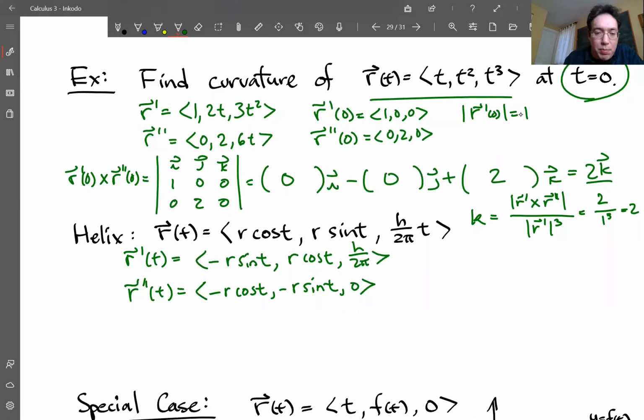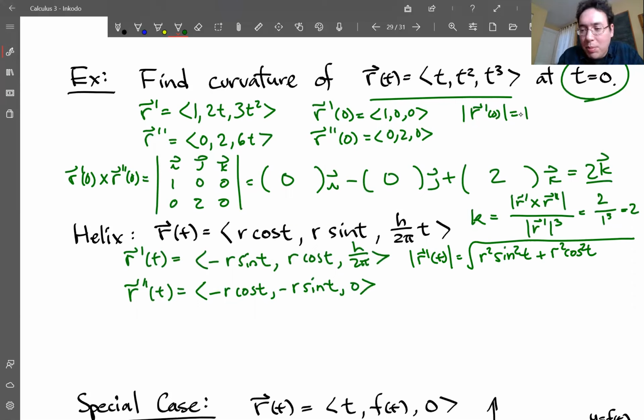And then let's compute, well, we have to compute the magnitude of r prime. You can kind of tell why I like this example of the helix so much, because sine squared plus cosine squared equals 1 is a big help when it comes to simplifying.